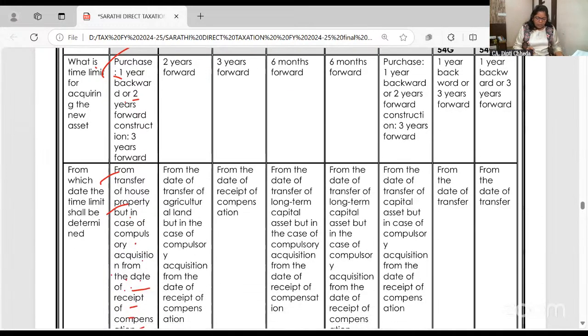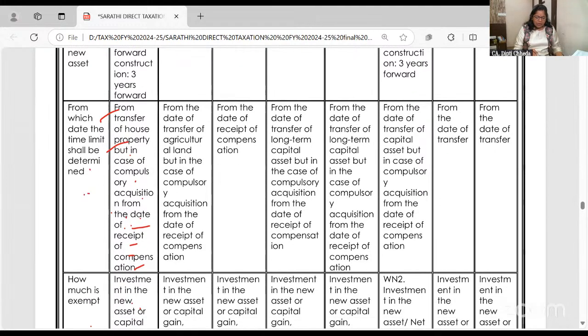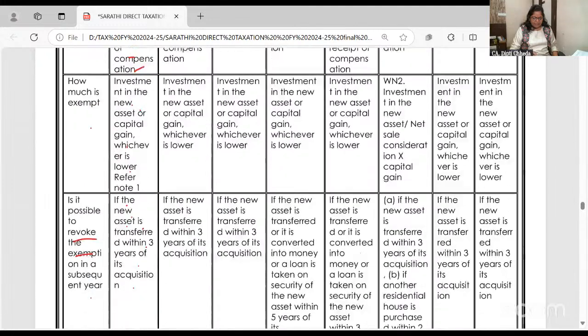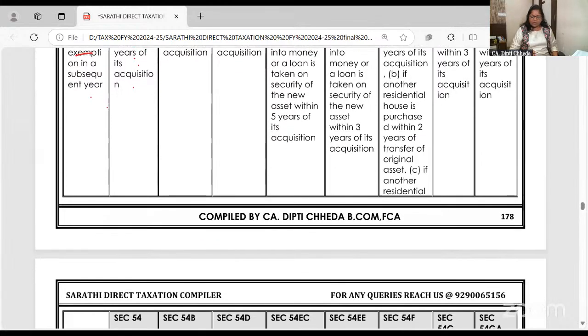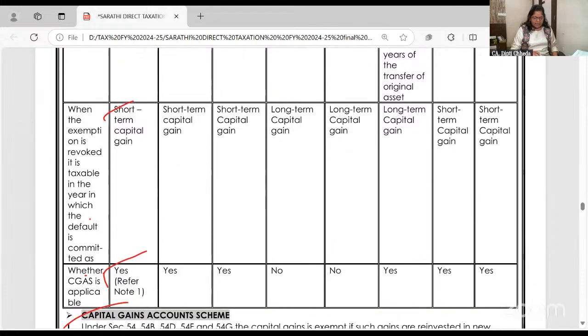From transfer of house property, which date, time limit, in case of compulsory acquisition from the date you receive. Investment in new house or capital gain, whichever is lower. If the new house is transferred within 3 years, exemption is revoked. And whenever it is revoked, it will be taxable as short-term capital gain.